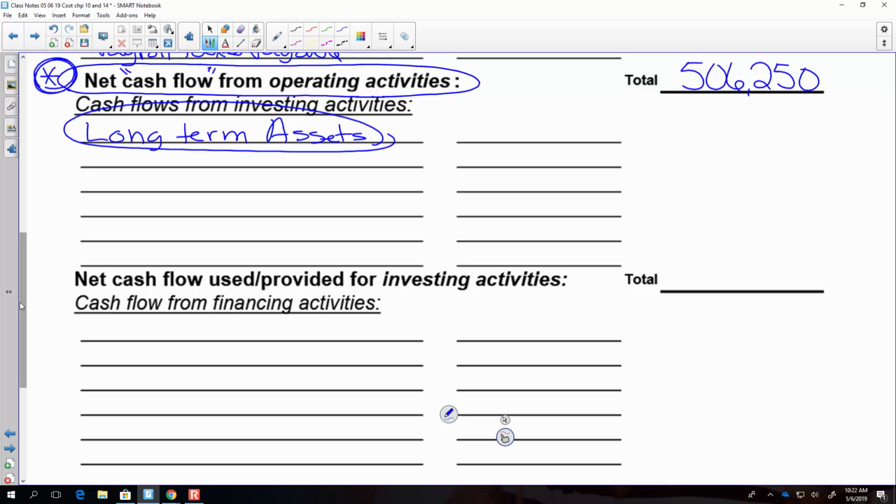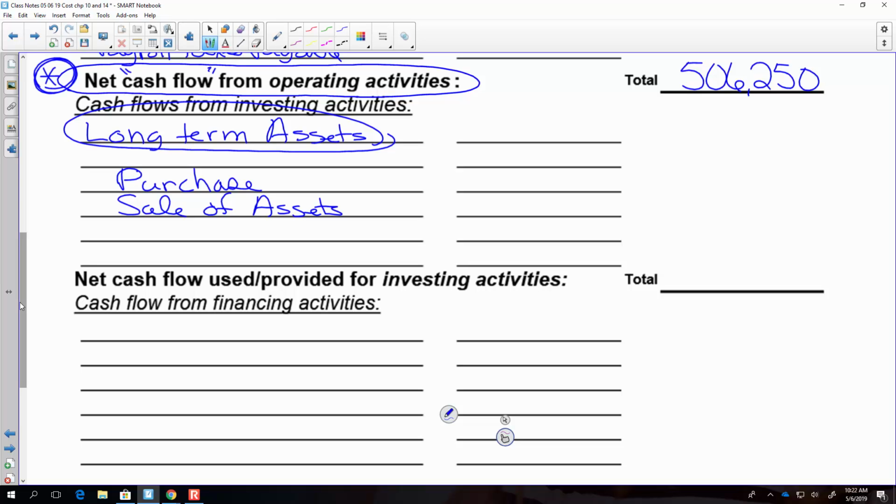Looking at our property, plant, and equipment, how much did it change? $25,000. But remember, that 25 could be made up of a purchase or a sale of assets. It might be both, it might be one or the other, right?